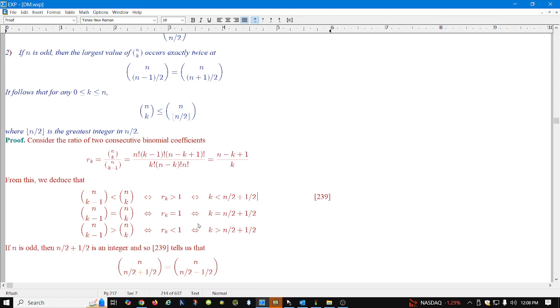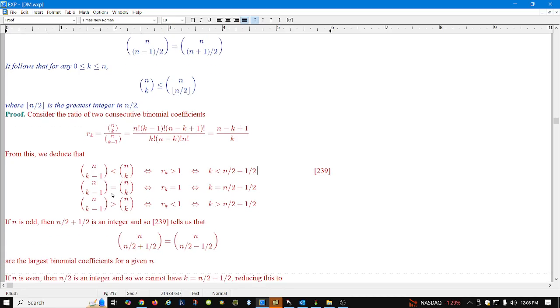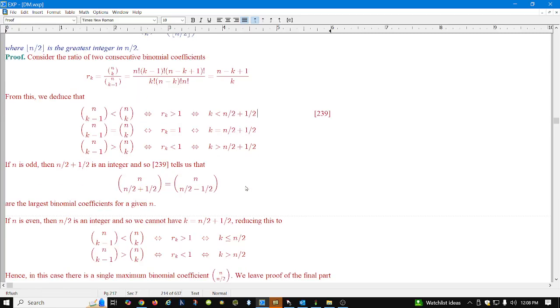And the other two relations are found the same way. These two are equal if and only if the ratio is 1, if and only if this equality holds. Now, if n is odd, n over 2 plus 1/2 is an integer, and so these expressions here, which occur three times, are actual integers.